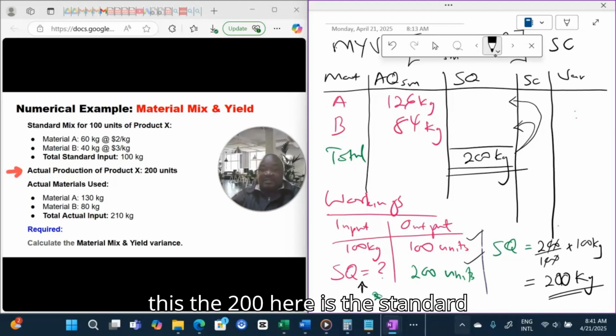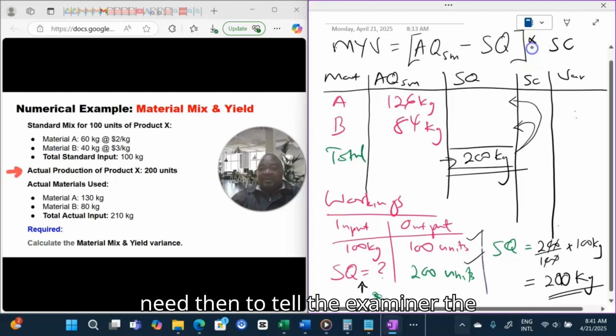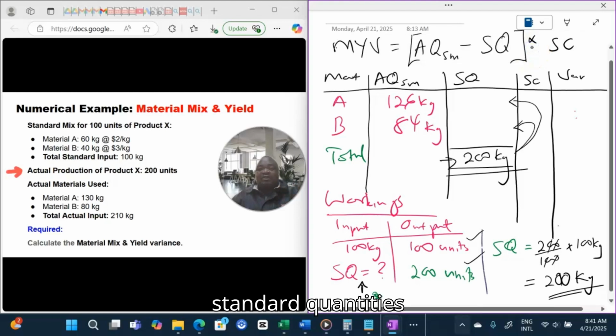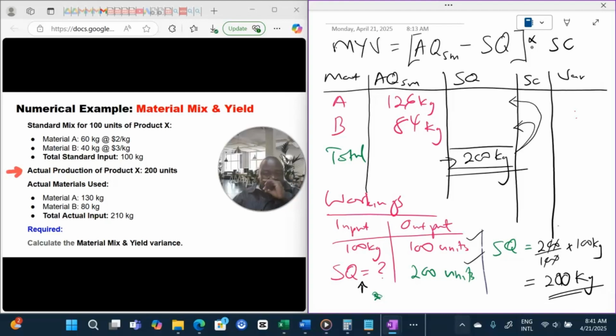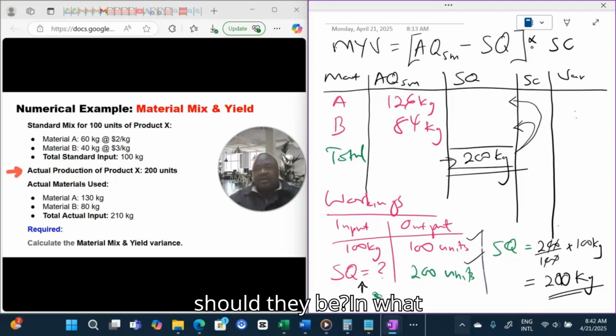The 200 here is the standard quantity in total, but you need then to tell the examiner the standard quantities in standard mix. So give us the mix ratio of these items, the 200 kgs of raw materials. In what proportion should they be?